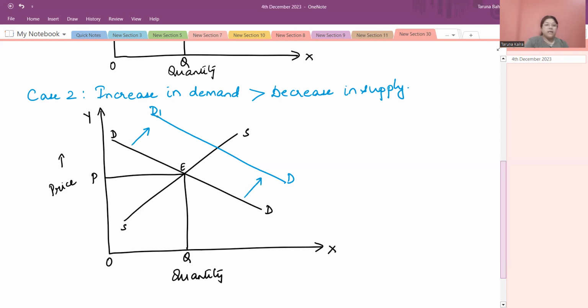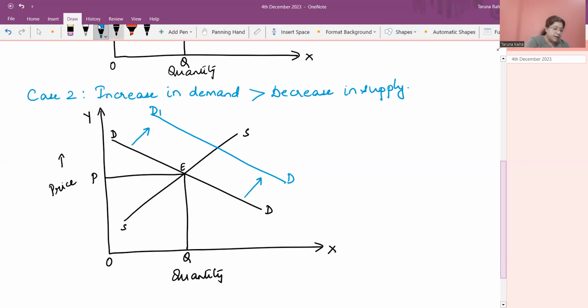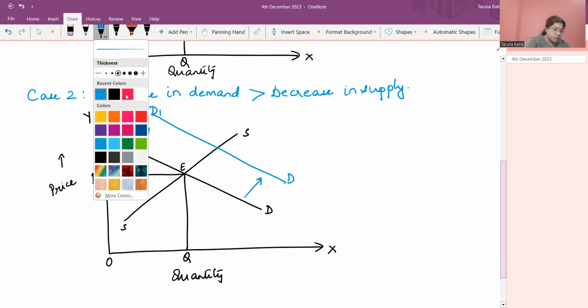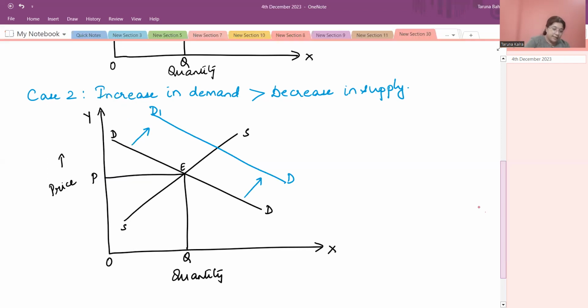Now there is a decrease in supply, but it is proportionately less than the increase in demand. So your supply curve is going to shift leftward. So this is the decrease in supply.